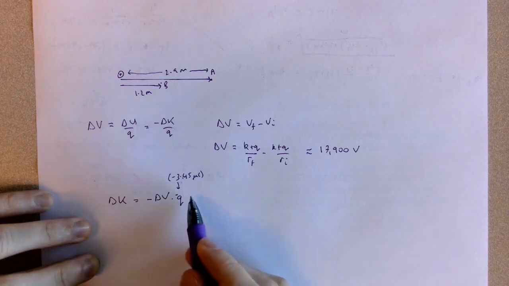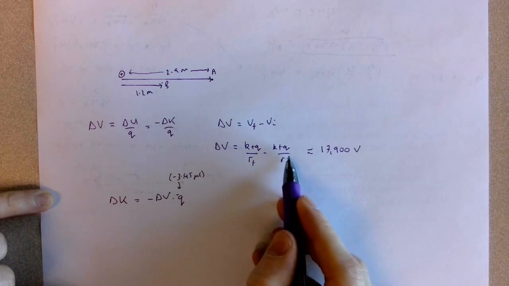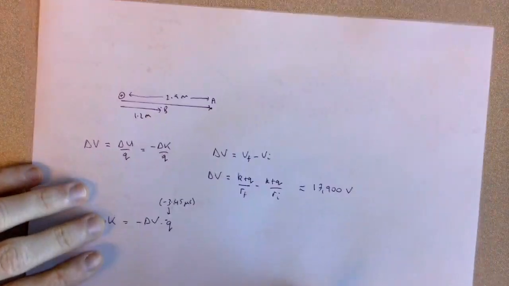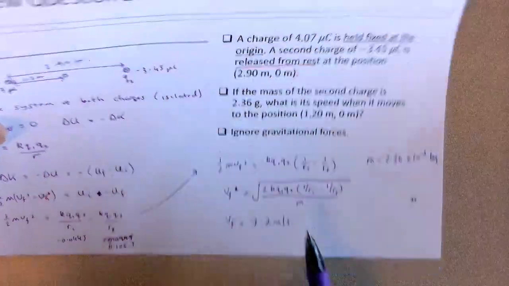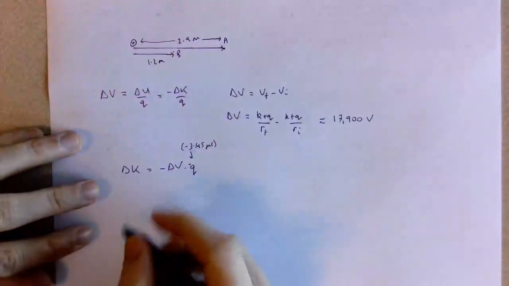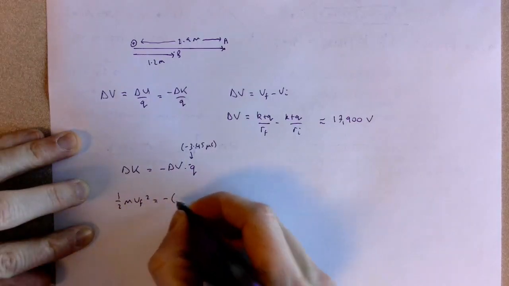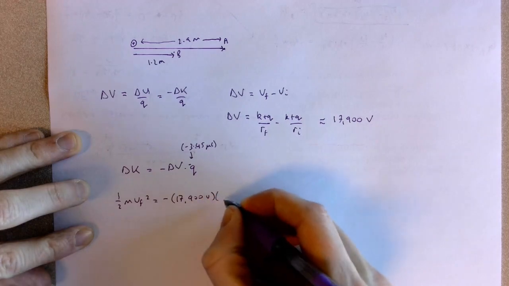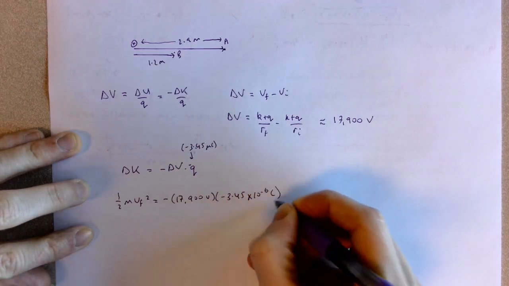And hopefully you can see here that we end up with the same solution, that if you multiply the delta V here times the negative Q, and you end up with a negative Q up here times the negative Q here, it'll give you the exact same equation as you have here. So everything works out to be the same. So again, this will be 1/2 mVf squared is equal to negative of your change in potential times your negative 3.45 by 10 to the minus 6 coulombs.